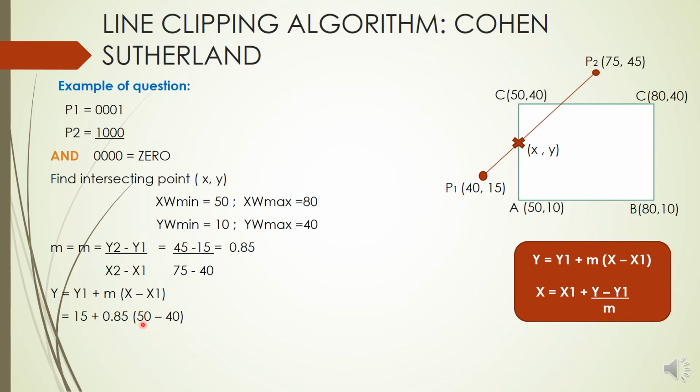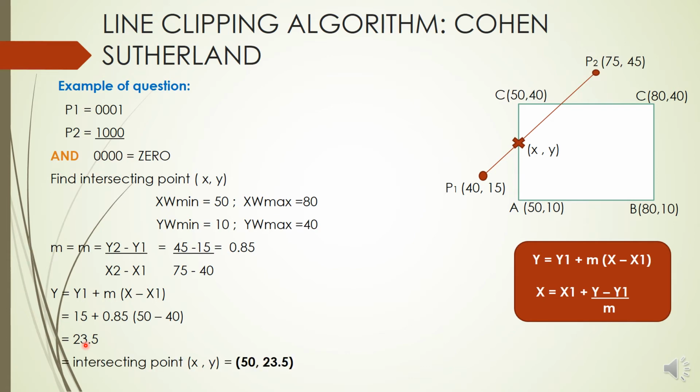So write it down as 50 minus x1, and x1 is 40. You will get the answer of 23.5.